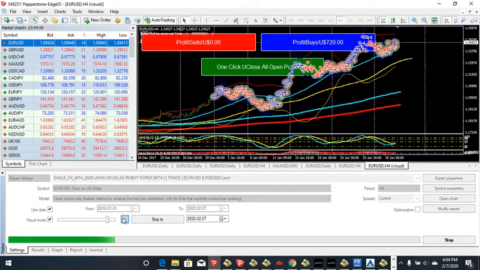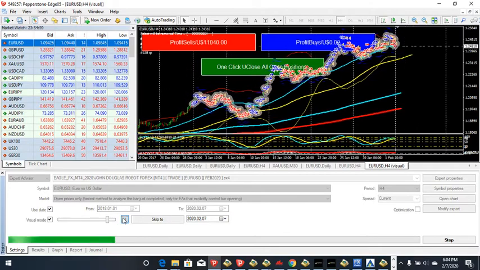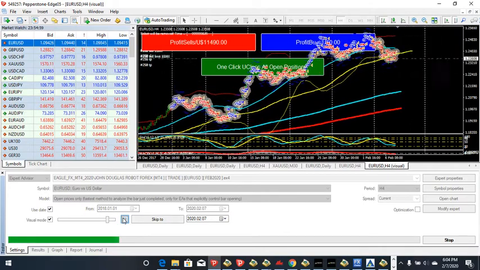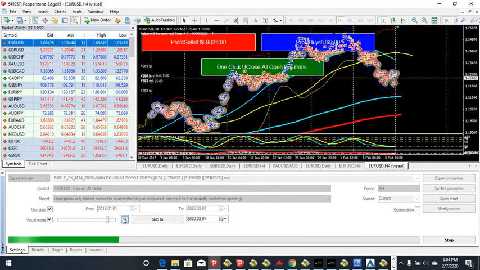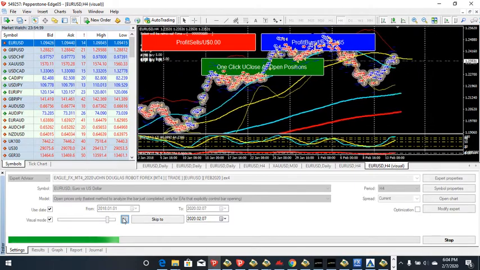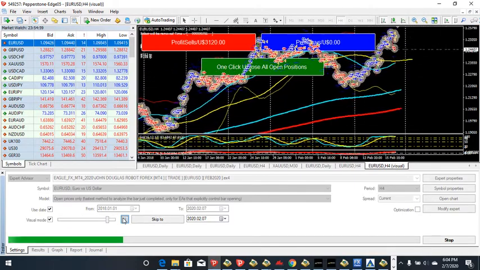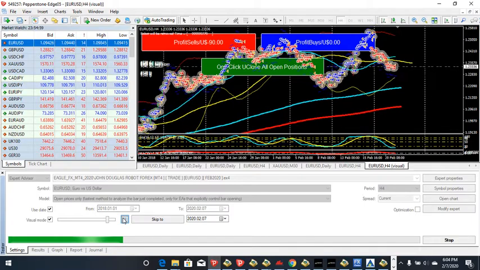This robot has 3 buttons: red button, blue button, and green button. Each button has its own separate function that help trader manage the trade.